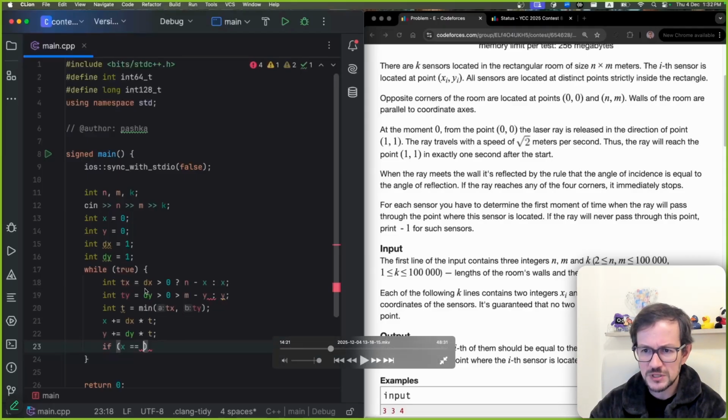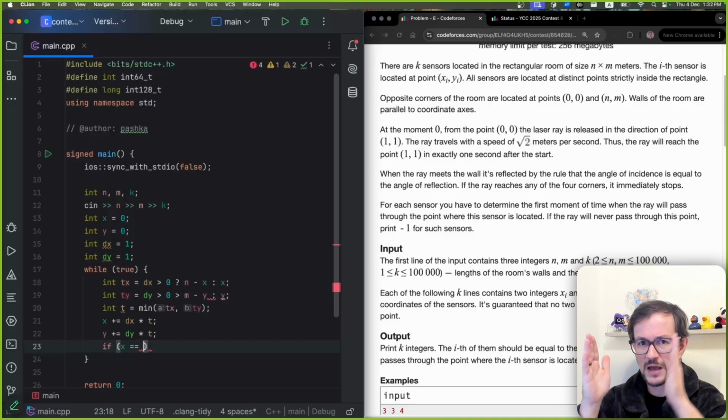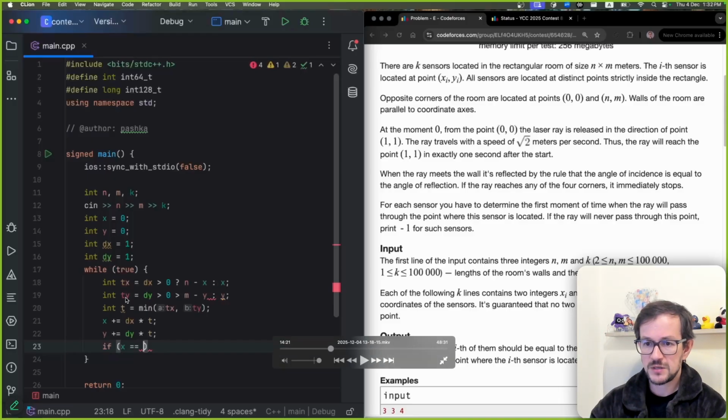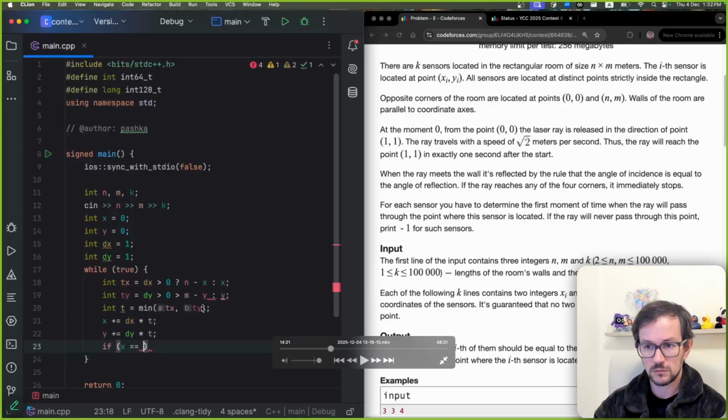If I go in the positive direction, I will hit it like this. If I go in the negative direction, I will hit it at this time. So this tx is the time until I hit a border in the x coordinate, left or right border. And this ty is the time until I hit one of the borders, top or bottom. Then take the minimum of them. So that's the minimal time until I hit one of the borders.